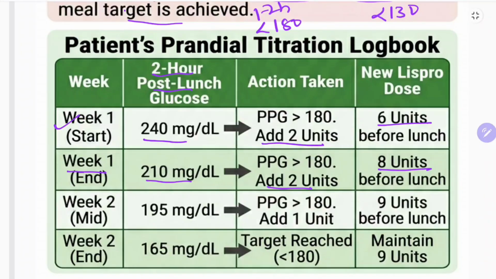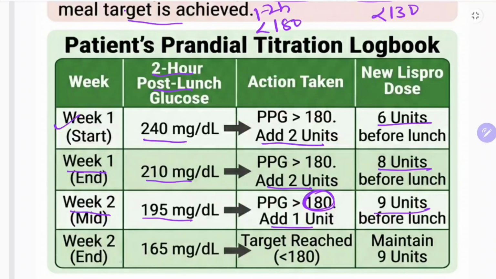In the next 3 days, at the 10th day, it was 195, so the target was still not achieved. So he increased by not 2 units but 1, because it is very close to our target of 180. So it became 9 units.